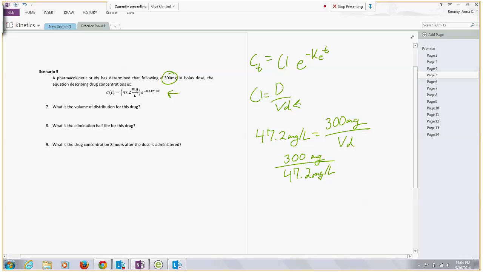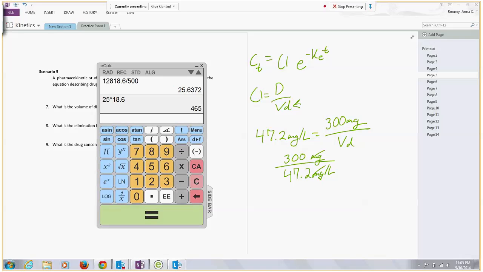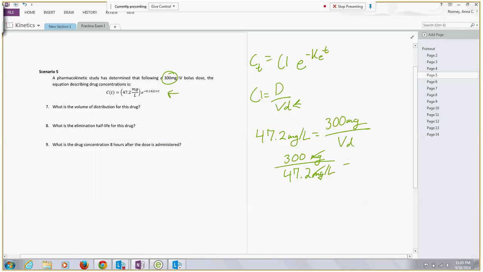Then the milligrams cancel out and it just leaves liters. So 300 divided by 47.2 gives 66.356 liters. So we found our volume of distribution.